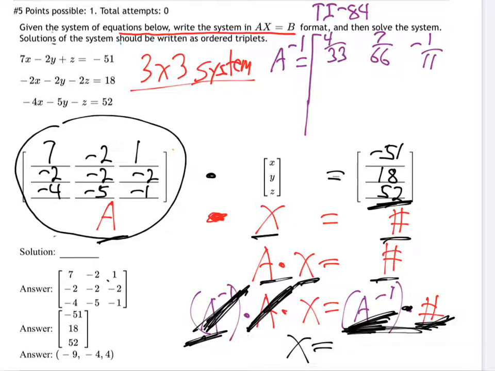And then second row, minus 1/11, 1/22, minus 2/11. Third row, minus 1/33, minus 43/66, and 3/11.